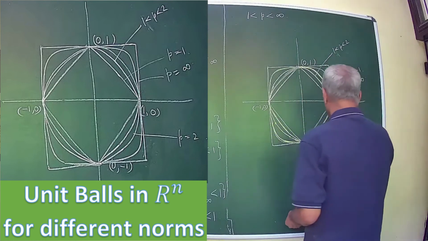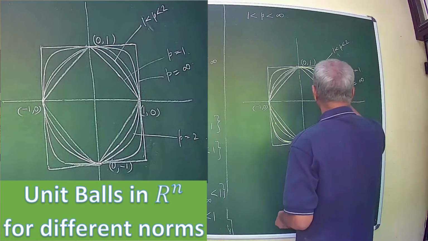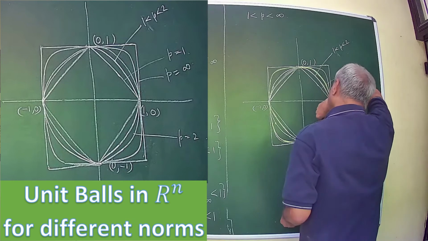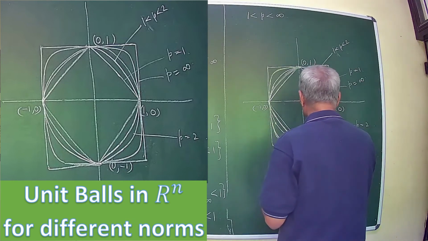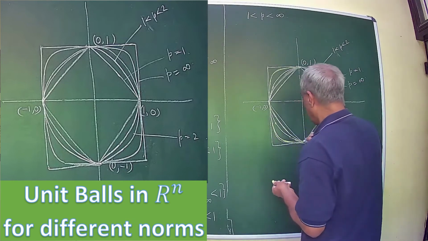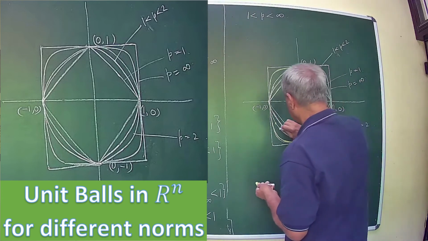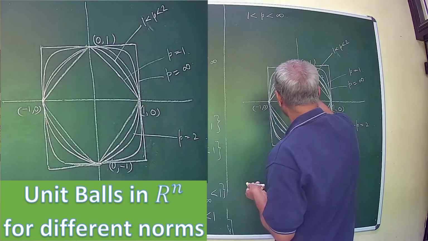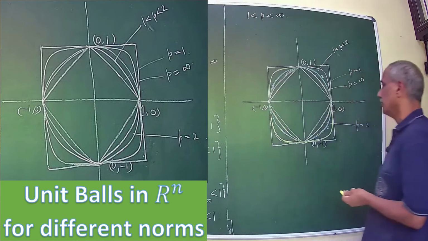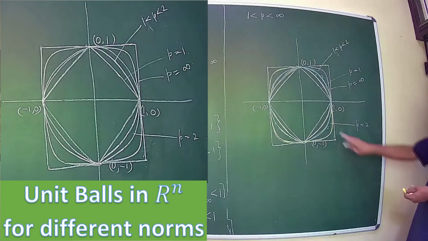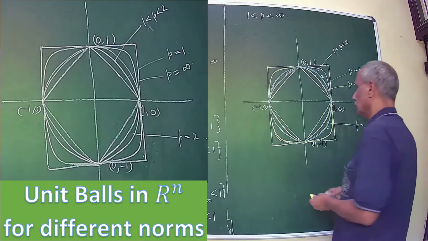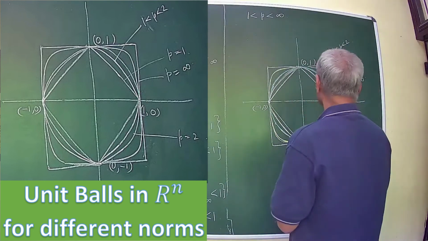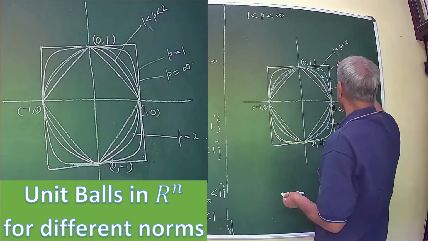This is the case where p equal to 2, and the blue one is p equal to 2, and the yellow one corresponds to p lying between 2 and infinity, and this orange one is the one that lies between 1 and 2. So this is the case for 1. This is corresponding to infinity.